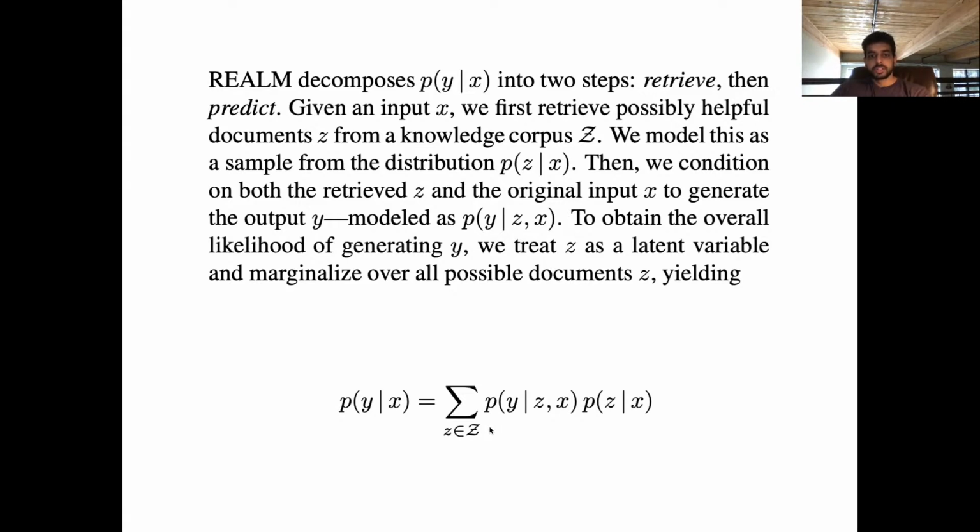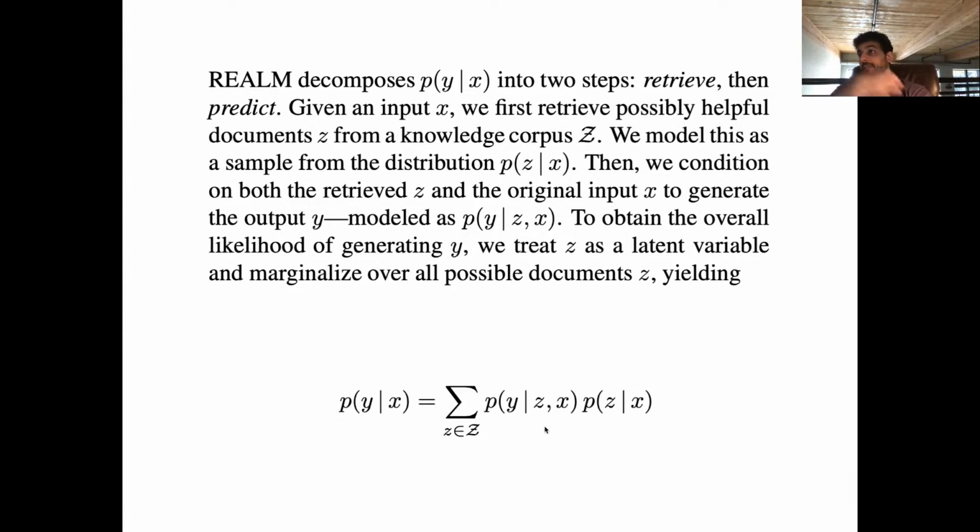Okay, so they basically are going to train the retriever. Remember, that was the challenge that we described before, by marginalizing over every possible document in the huge collection of documents. You see here the summation. We're summing over all documents Z from the set capital Z, which is the knowledge corpus.